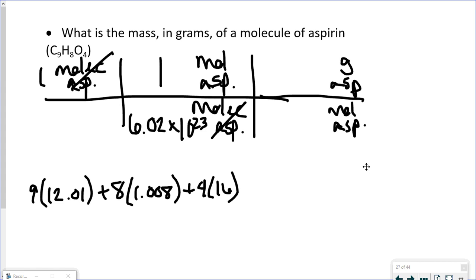So 9 times 12.01 plus 8 times 1.008 plus 4 times 16 is a molar mass of 180.154. So remember that number, it's grams per mole, so that will go with grams always.